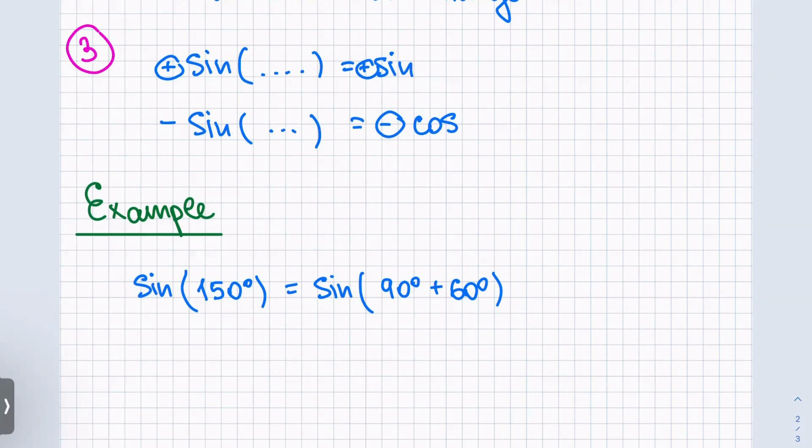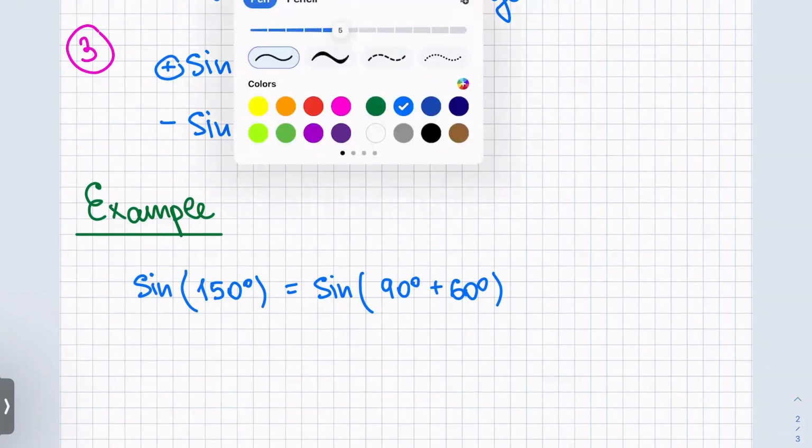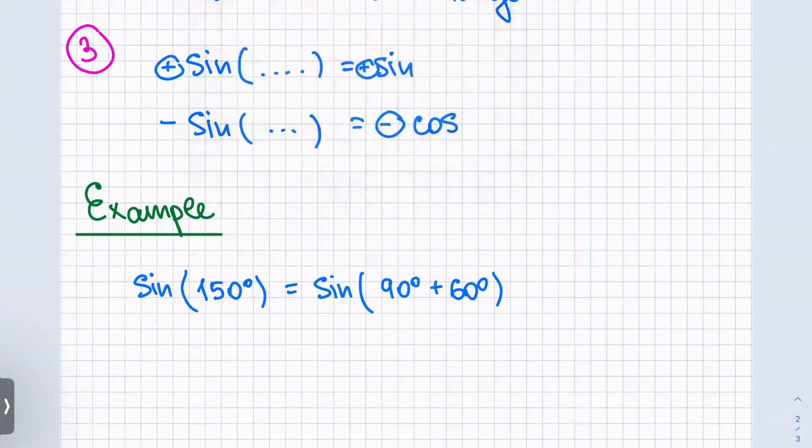So what we see here, dear students, is the following. First, I want to pause here because this first step is that we just split the angle 150 degrees into two angles, 90 and 60. Now I want to first perform this checking of sign step.